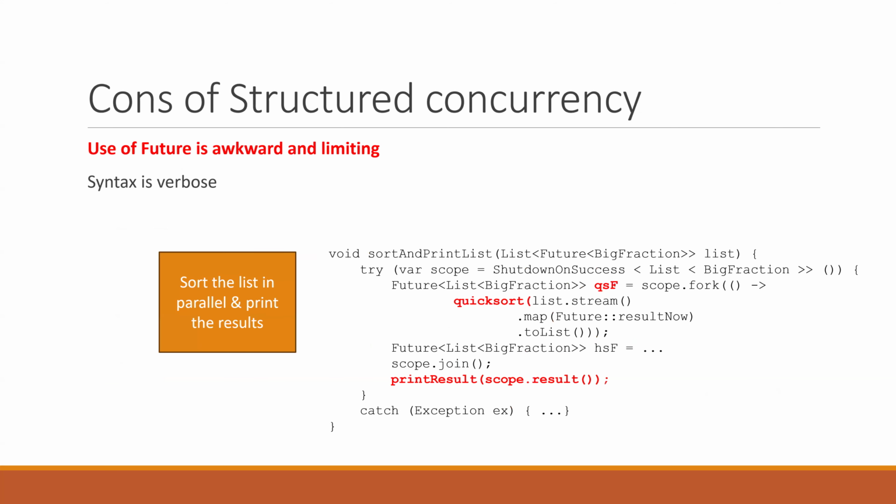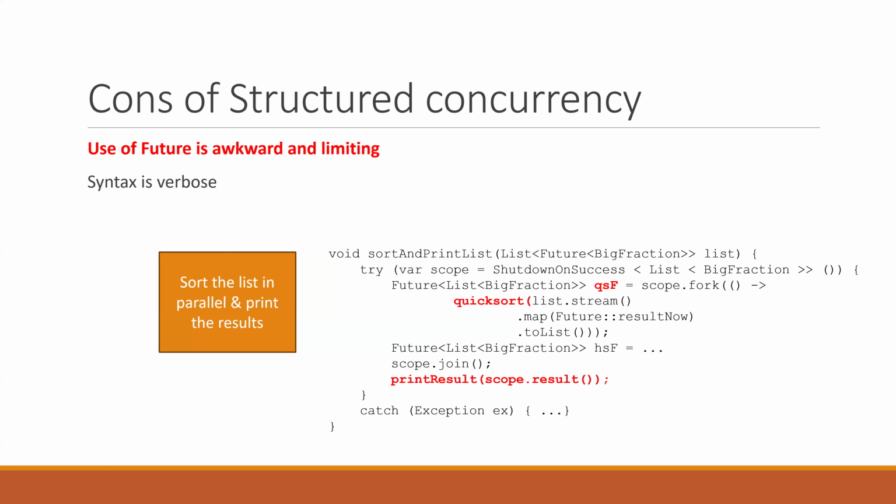Okay. Well, here's that example. All right. Here are some of the cons of structured concurrency, and you already brought up some of it. One of them is this concept of Future. It's awkward and limiting, right? Because if you see here, I'm going to sort a bunch of lists. You can see that I don't pass back the sorted list.